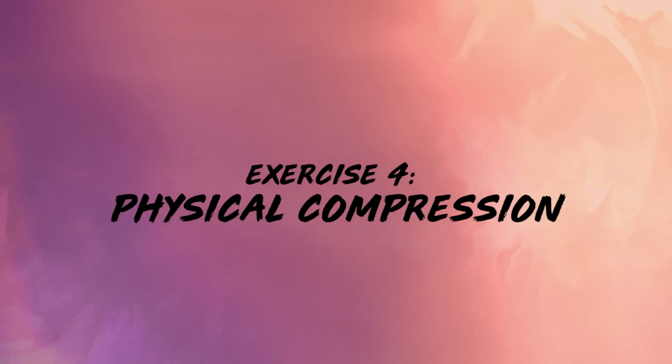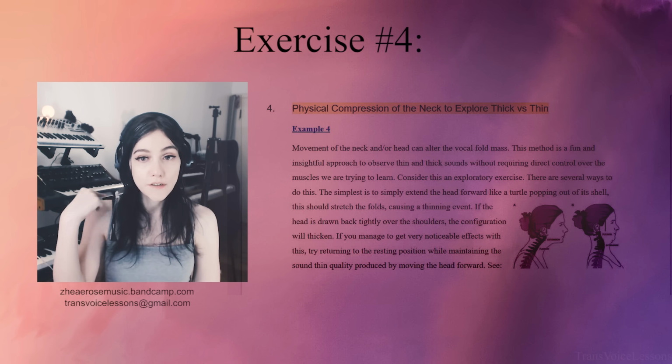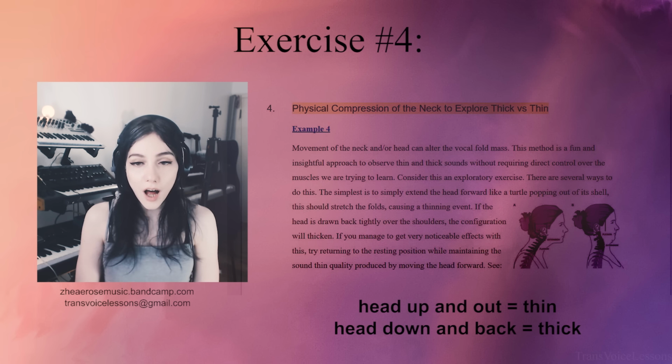Exercise 4, physical compression of the head and the neck to induce thinness or thickness. If I extend my head forward and up without moving my shoulders, we will hear thinning. Isn't that cool? And the opposite works for thickening.